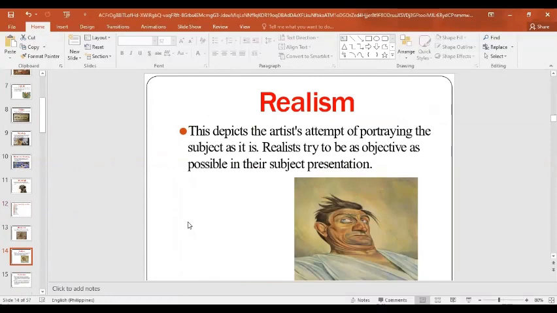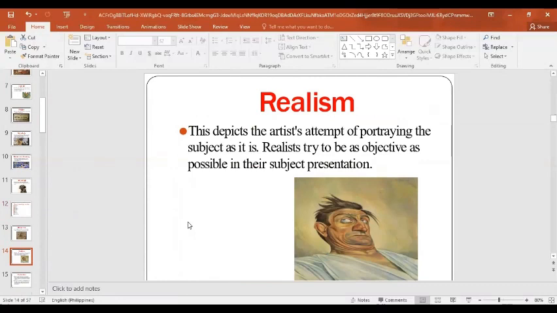Okay? Another example, yung ating pag nagvi-video film tayo, no? Kung ano yung actual na nangyayari doon sa event na yon, yun mismo yung ating kinukuha or yung reality na yon yung ating pinoportray dito sa realism.